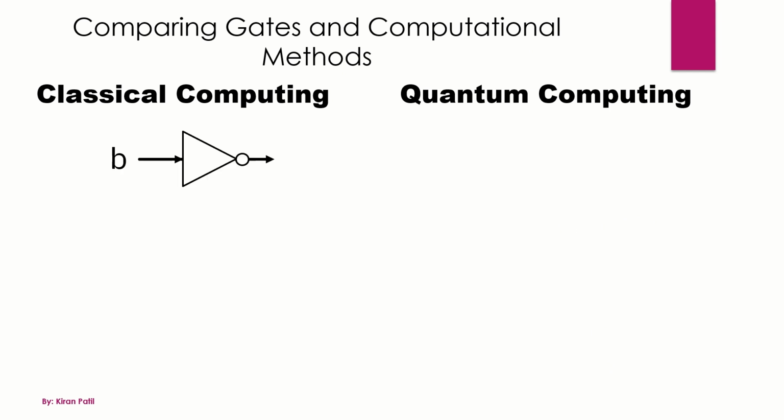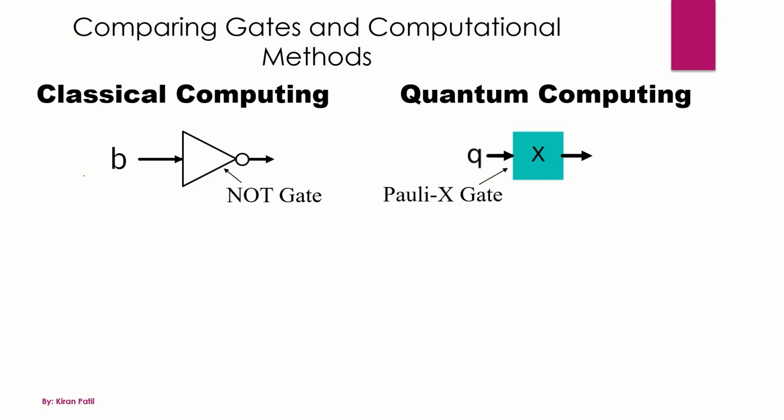So now the next difference is, we know that in classical computing, gates are used for computation. Now you can see over here, this is a NOT gate. What this NOT gate does is, if we give the input as a 0, we get the output as a 1, right?